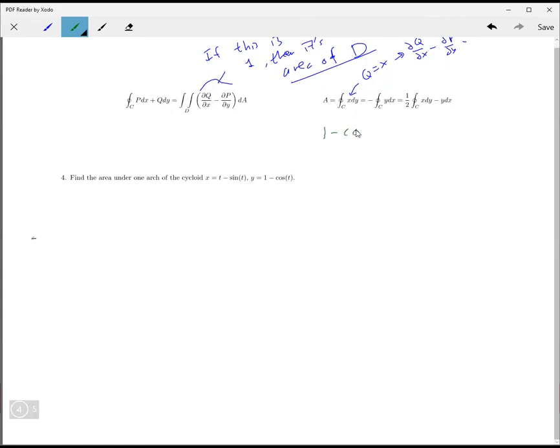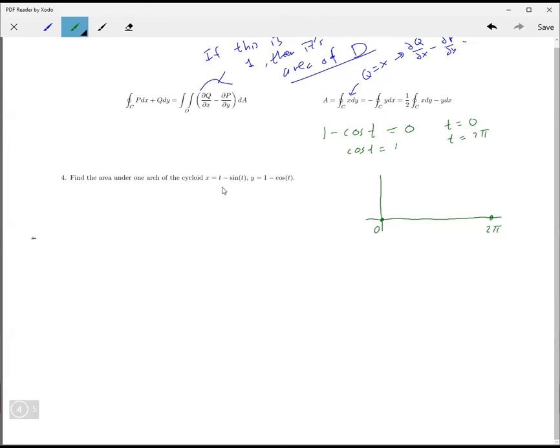And so you have these two equations right here, and the idea is first of all, I'm going to set 1 minus cosine t equal to 0, which is the same as cosine t equals 1. And so the two values are 0 and 2 pi. So that means that when you're at 0 and when you're at 2 pi, that's when the y component is going to be 0.